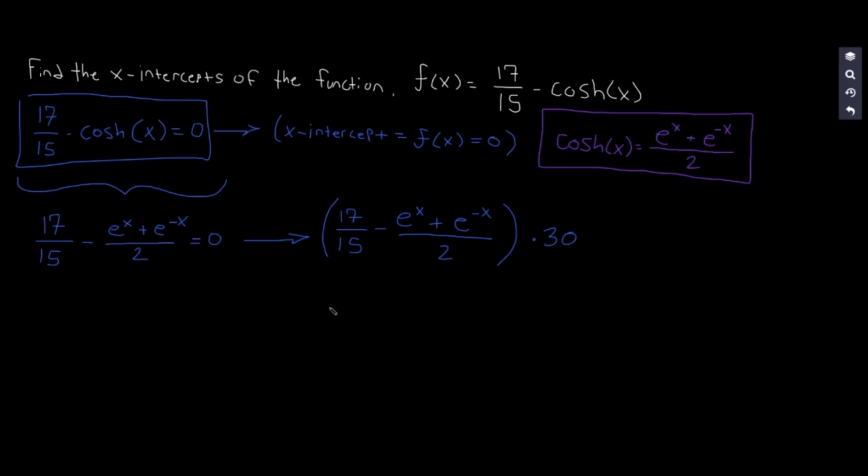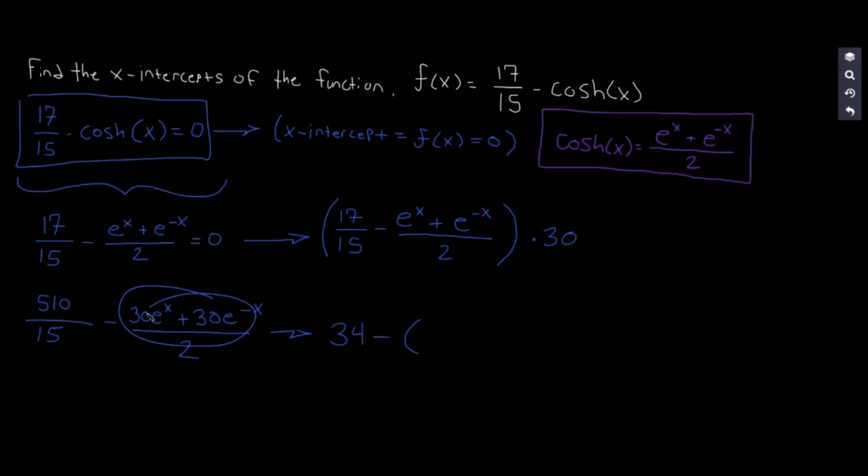Let's see, 17 plus 17 is going to be 34, plus 17 is going to be 51. Throw a 0 on it, and it's going to be 510. 510 divided by 15, that's going to be 34. There is a negative sign here, okay? So we are subtracting the binomial of what we get when we divide both of these two numbers by 2.